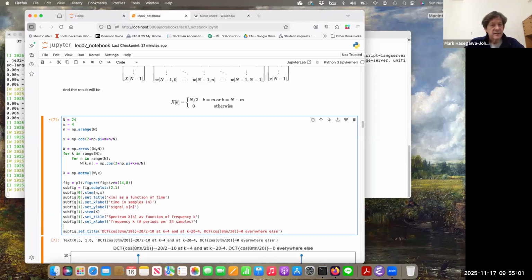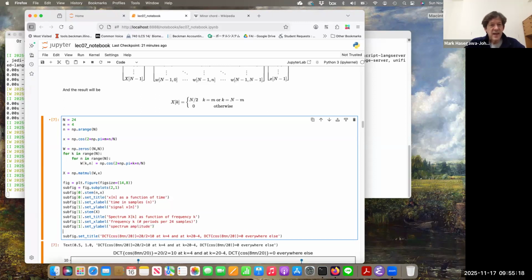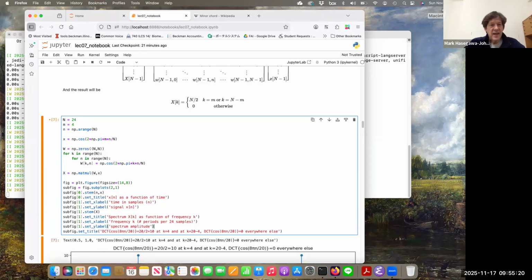And then subfigure 1, set Y label. Let's set the Y label to be the spectrum amplitude. Yeah, that's all the space I have. And we'd better set it to be tight layout so that we don't overlap everything.